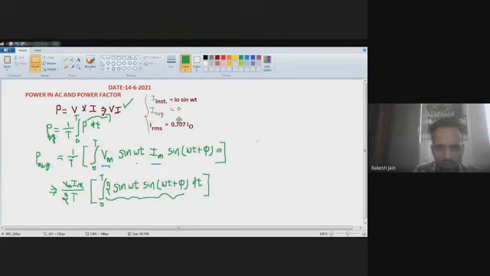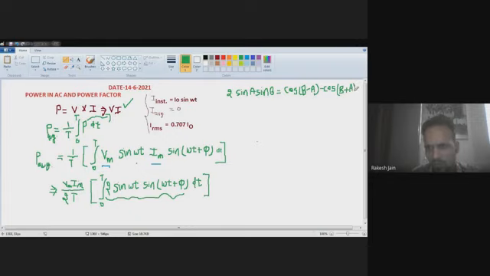Now see what you have in trigonometry. There is a formula of 2 sine A sine B. If you have 2 sine A sine B, then that will be equal to cos of B minus A minus cos of B plus A. B plus A or A plus B, no problem.